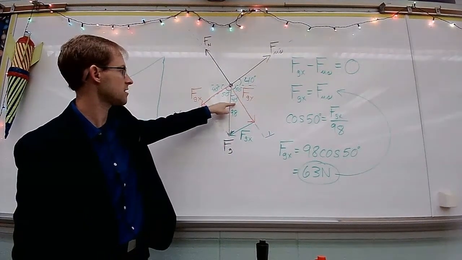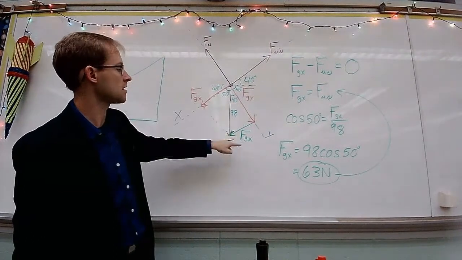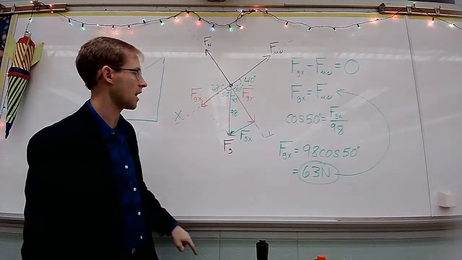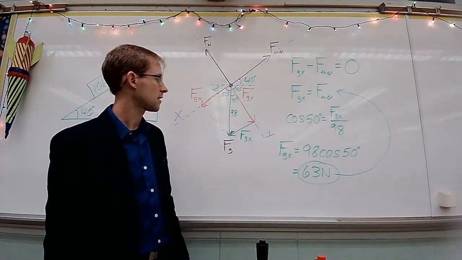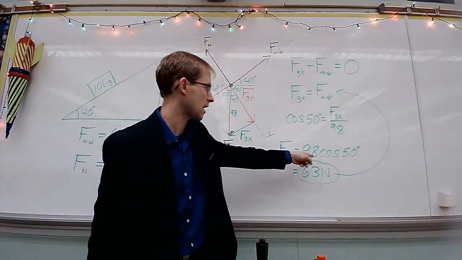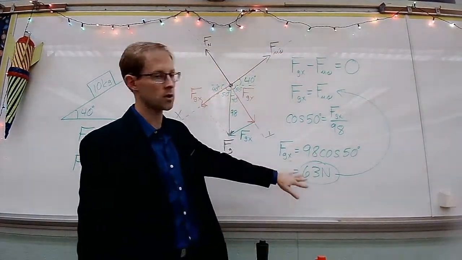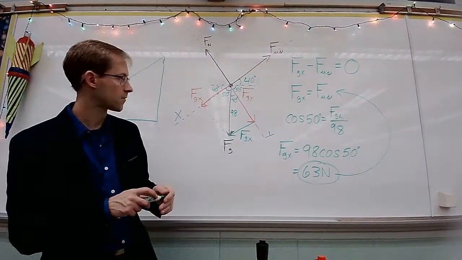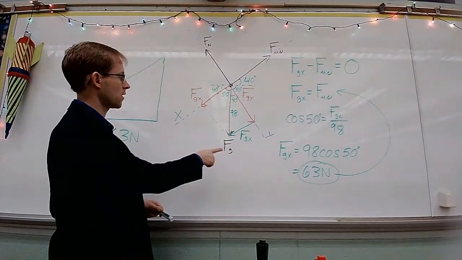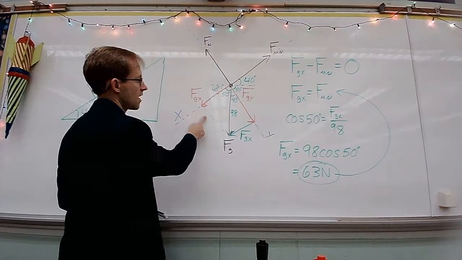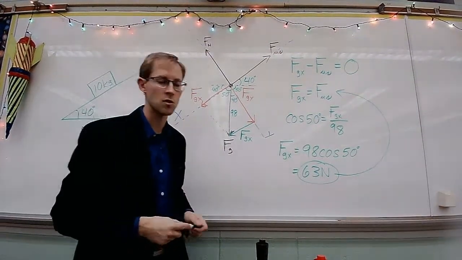So you'd say sine of 40 is equal to FGX over 98. So your final expression would be 98 times the sine of 40, which will give you the exact same answer. So you could do the same thing the other way too. You could use this side of this triangle to solve for FGY.